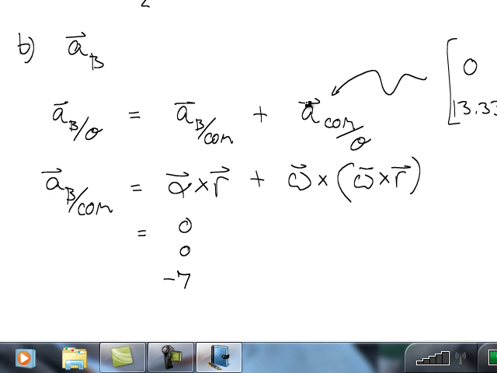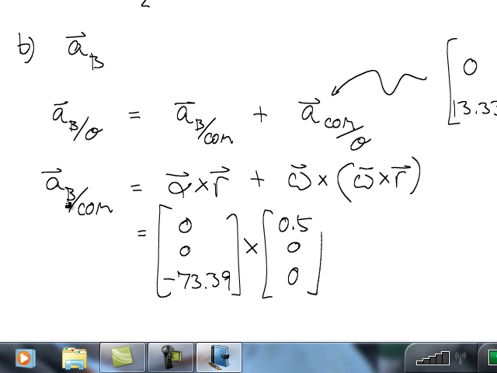Yeah, positive 0.5. This is all zeros because omega is 0. And you get 0, negative 36.7.